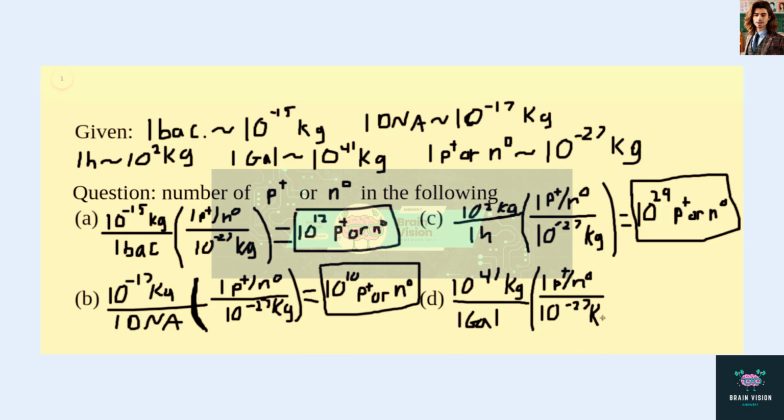Carry that out, and you find that that's equal to 10 to the 68 protons and neutrons for every galaxy. And box that in as our solution to part D.